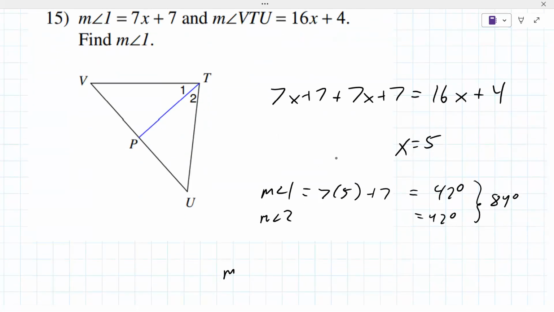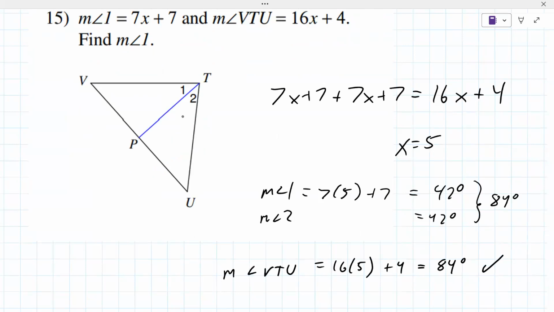Your check is the measure of angle VTU, the whole thing, 16 times 5 plus 4. Is that also 84 degrees? And it is. There's a lot of built-in checks in this.